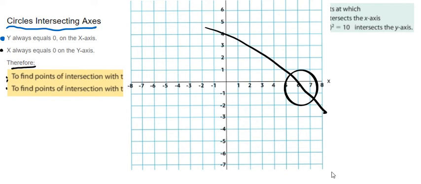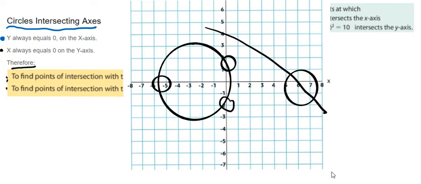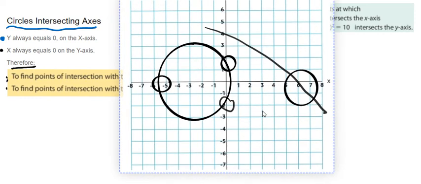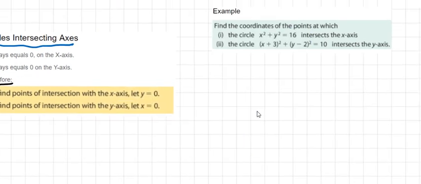This is really where we're going with this, we're going to be looking at circles in a minute. If I want to find out what point the circle will intersect the x-axis at, I let y equal 0. If I want to figure out where it intersects the y-axis, there and there, I would let x equal 0. So whichever axis is being intersected, you let the other one equal 0. And then it tells you where exactly it will intersect it.